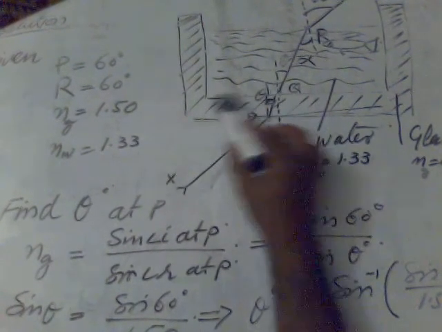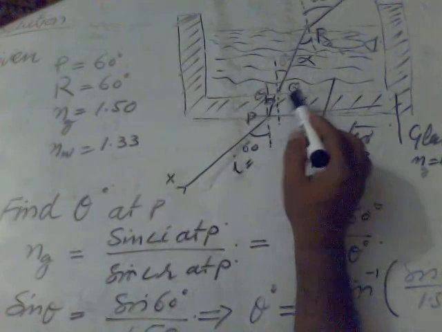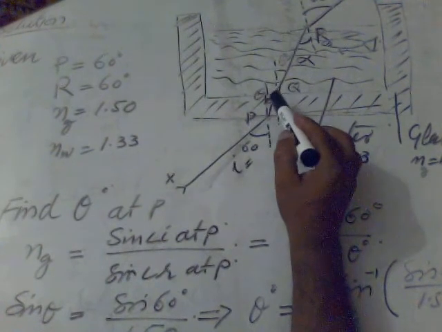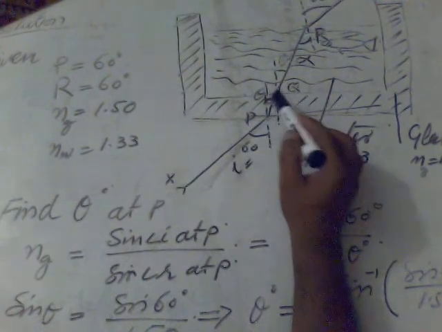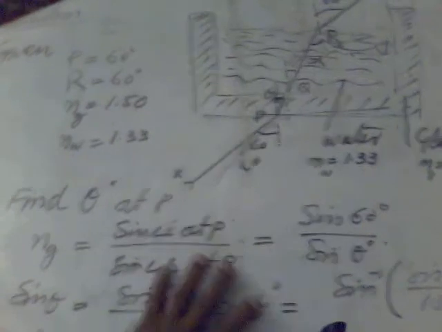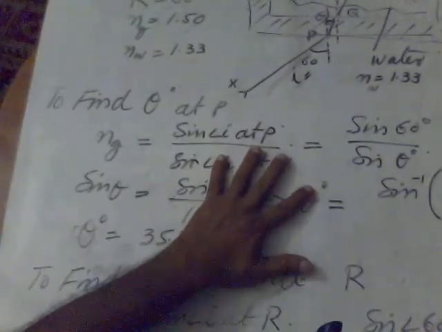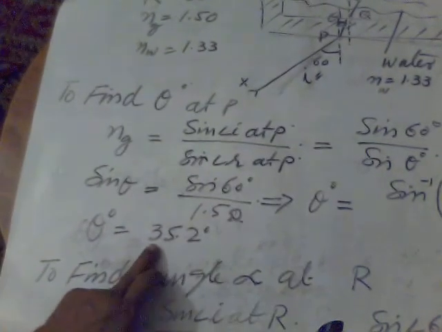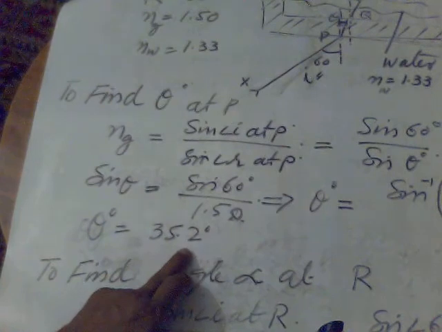This thickness is showing the glass, and we are finding the angle of refraction in glass. So theta is 35.2 degrees.